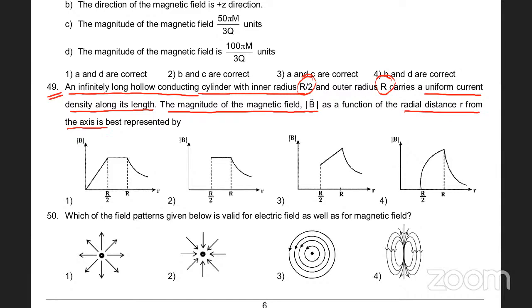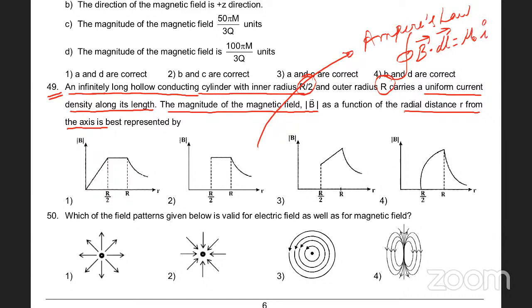This problem is based on Ampere's law, which says the line integral of B dot dl is equal to mu naught times current. But you have to take the limits. Current starts only from small r equal to R by 2 to small r equal to R, as it's a hollow conducting cylinder.